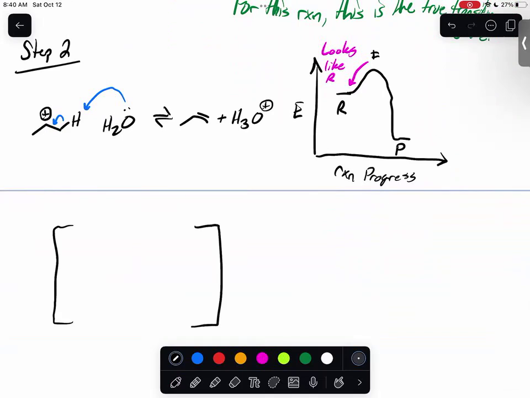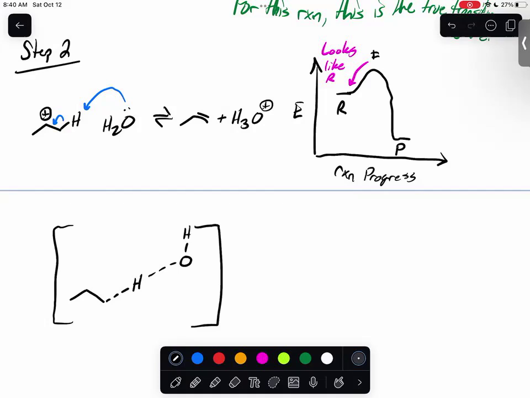So for this transition state, we got to think about what bonds are breaking and forming. And the first one that I see is that the carbon-hydrogen bond is breaking, right? So that's going to be a partial bond. The hydrogen is also forming a bond to oxygen, right? That's what that other arrow represents, is the oxygen forming a bond to the hydrogen, just like other acid-base reactions.